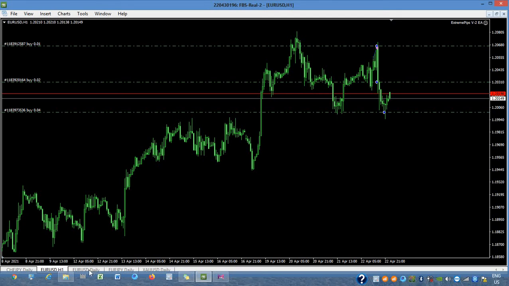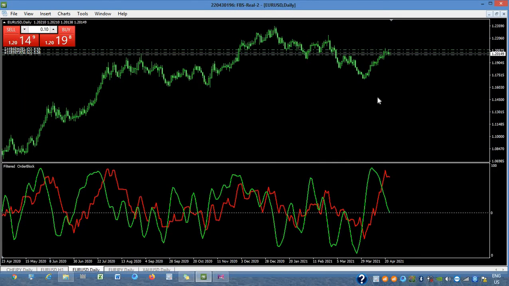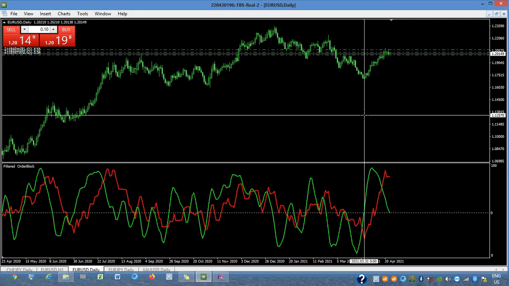If you look at the daily time frame, you can find it here. As you can see, guys, this is strong up, strong bullish. It was March 31.